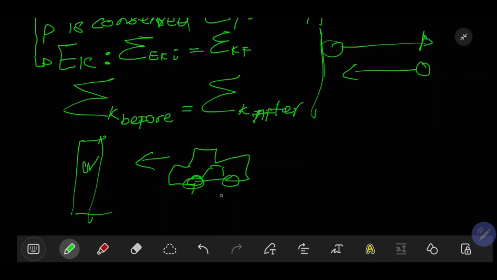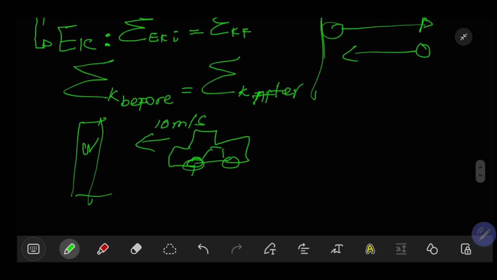Let's say the car is traveling at a velocity of 10 meters per second. Then when it crashes into the wall, the car will come to a stop, because kinetic energy only affects objects that are in motion. If the car now comes to a stop, then our energy can be transformed into what? Into potential energy. So the car, when it crashes onto the wall, does not have a velocity anymore.